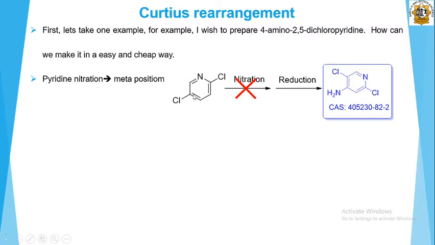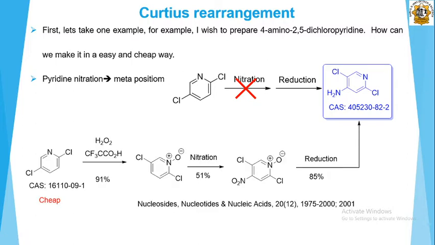If we nitrate this compound, we'll get nitro at the meta position, and if we reduce it, we'll get 3-amino-2,5-dichloropyridine. So that's not a good idea. We can do something else.